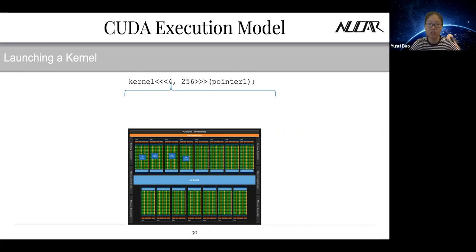When you have more, like the next one, if you have 16, the last block will be scheduled to the first streaming multiprocessor. It will ask if it has the resources. If it doesn't, the last block won't be executing until one of the streaming multiprocessors releases its resources, which means that they finish their own block, then they can take the next block.